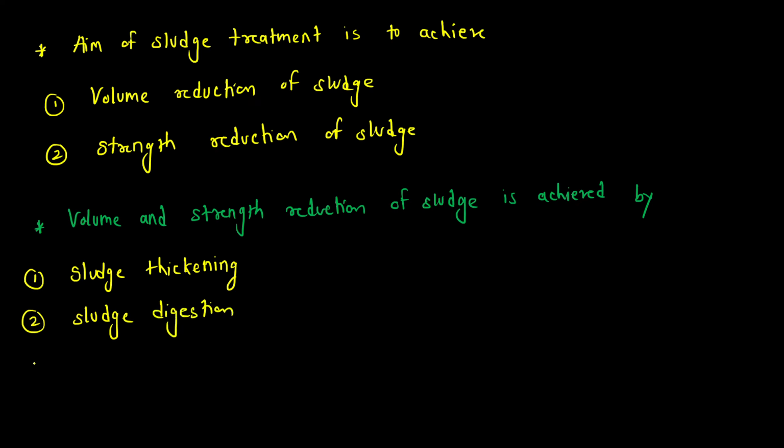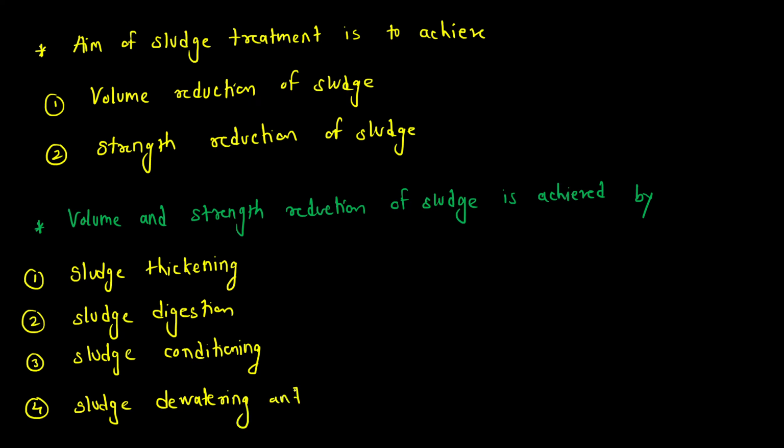The third process is called sludge conditioning. And the last process is called sludge dewatering and drying. So these are the four processes which are employed to reduce the volume and strength of the sludge.